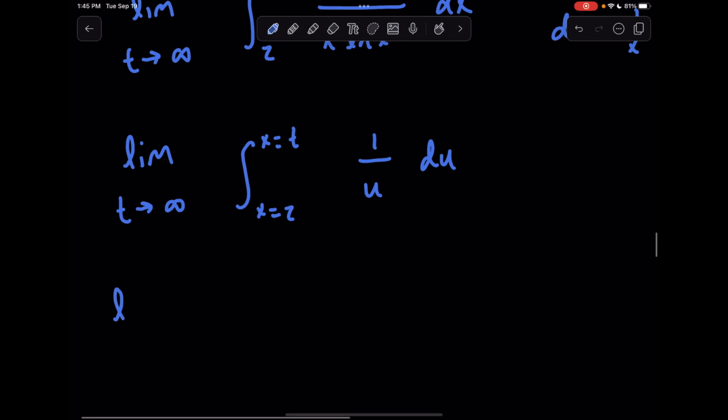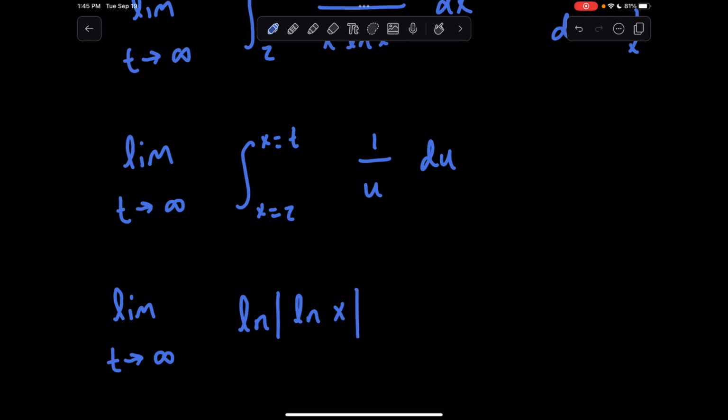So this simply becomes the limit as t approaches infinity of ln absolute value of u, which is ln x, from 2 to t.